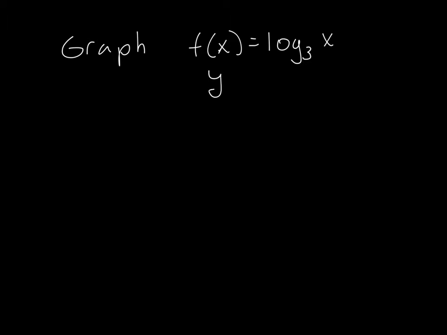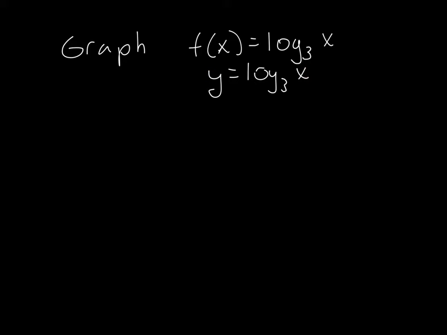just think of this as y equals log base 3 of x. And then let's use the only thing we know right now about logs. We know that the base of the log to this power is supposed to equal this thing over here.